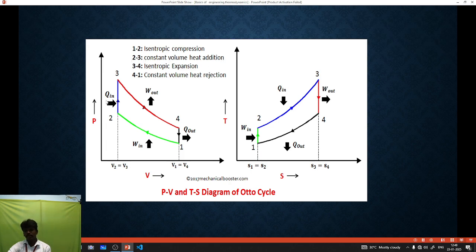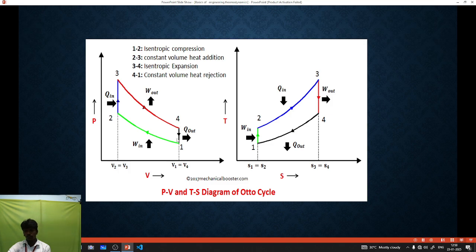In this process, by the spark plug we add some heat to the cylinder, and the pressure rises. By process 2 to 3 the heat is added. After the power stroke, the isentropic expansion takes place. The piston moves from TDC to BDC, 3 to 4. At that time the work is generated, meaning the output is produced. At the same time the expansion takes place.